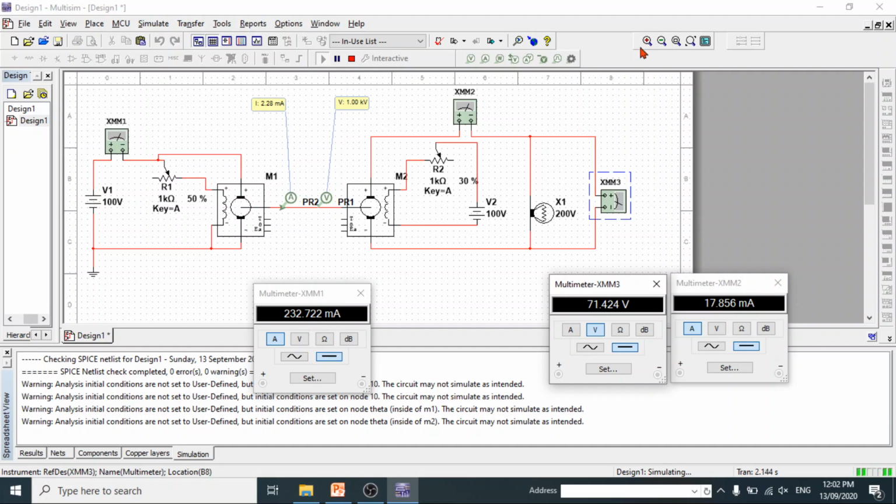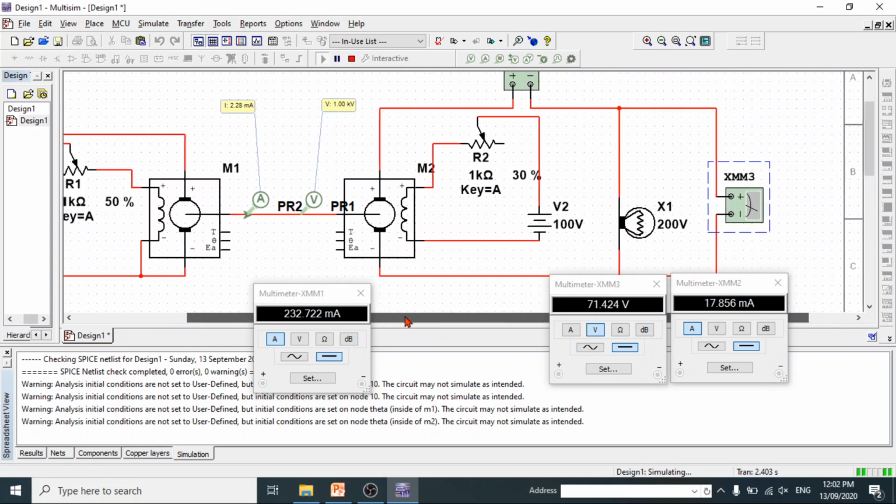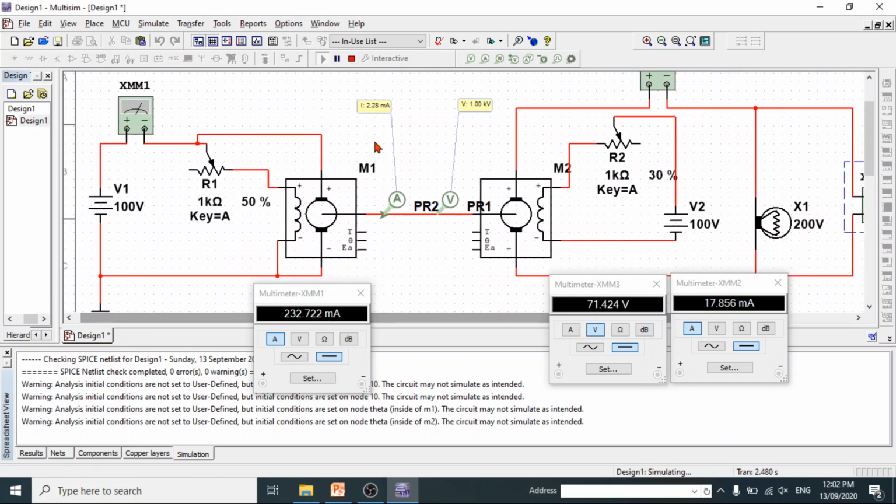So let me zoom it out. Let's try to observe what would be the effect of the magnetism in the motor circuit to the speed of the motor.